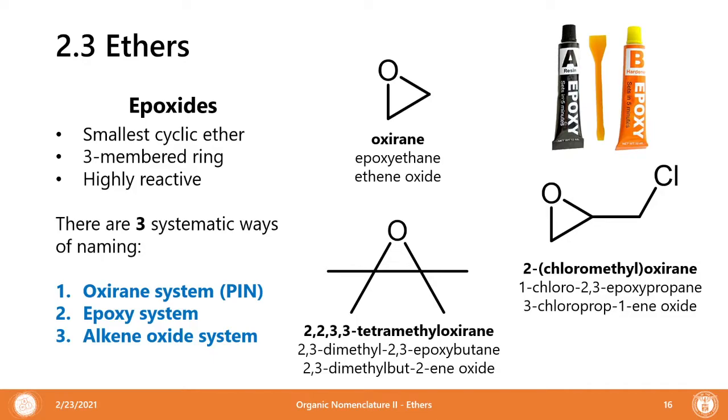So you may encounter them in resins or in adhesives. And there are 3 systematic ways of naming epoxides: the oxirane system, the epoxy system, and the alkene oxide system. The oxirane system is the preferred IUPAC method.